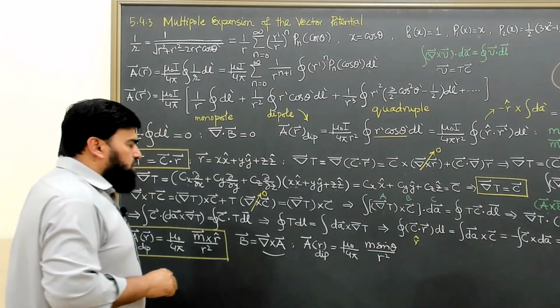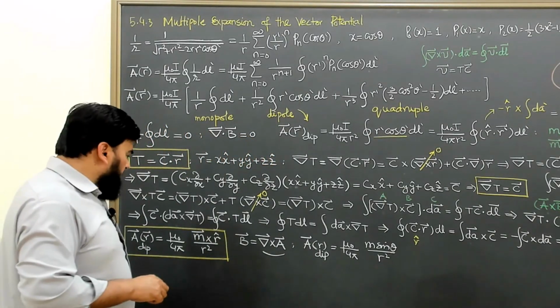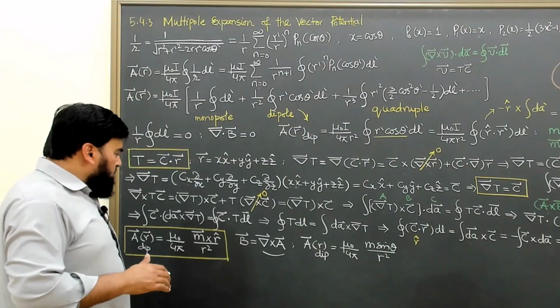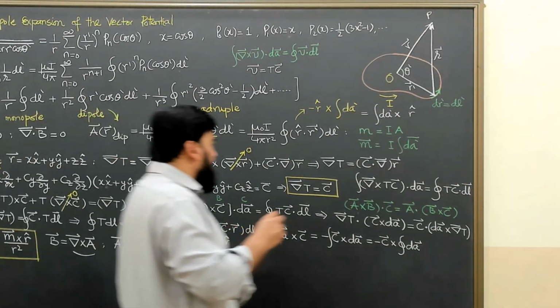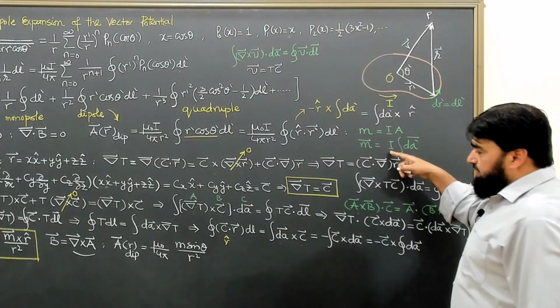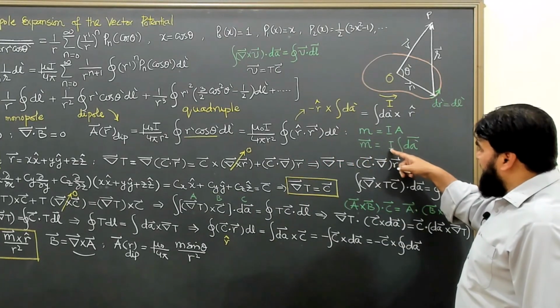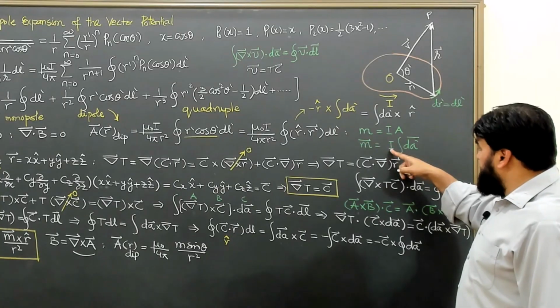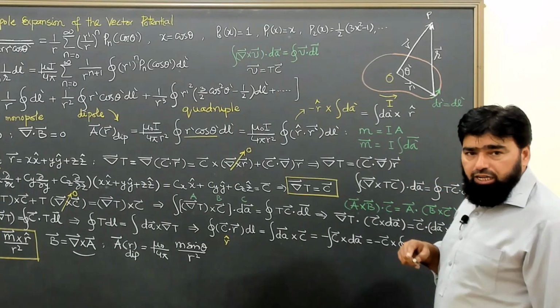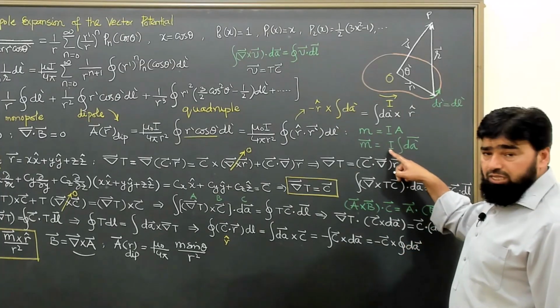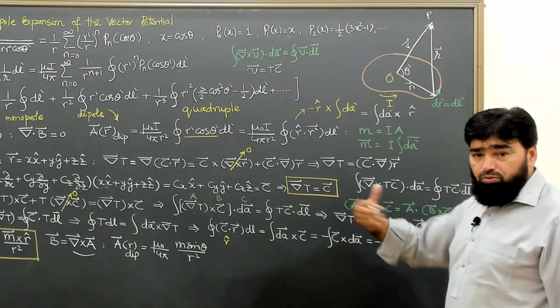Now what about its direction? In which direction will m cross r point? Since m gets its direction from I and dA, if we consider I a scalar, then it gets its direction from dA.